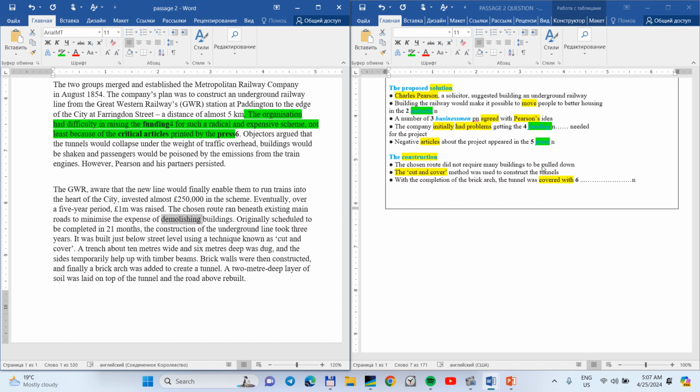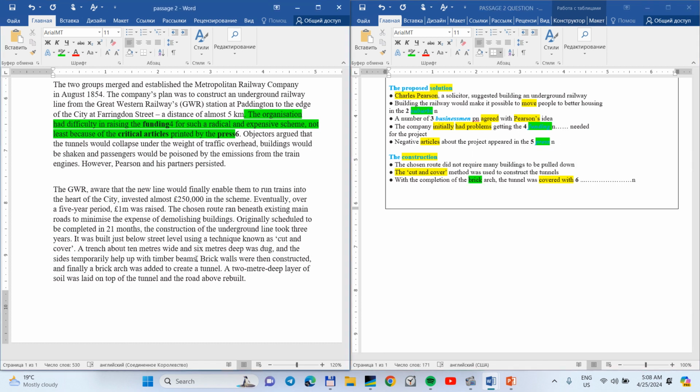Demolish: the houses were pulled down, and a trench about 10 meters wide and 6 meters deep was dug. Something was dug, and the sides temporarily held up with timber beams. The brick wall, guys, the synonym here is brick.